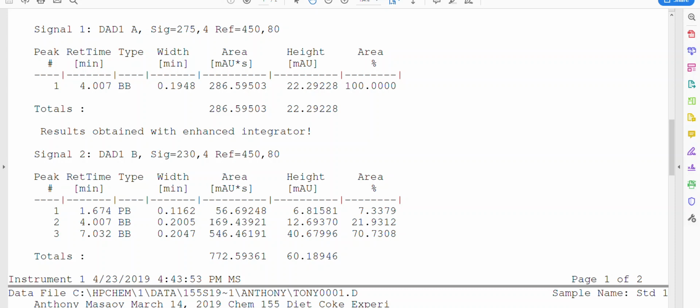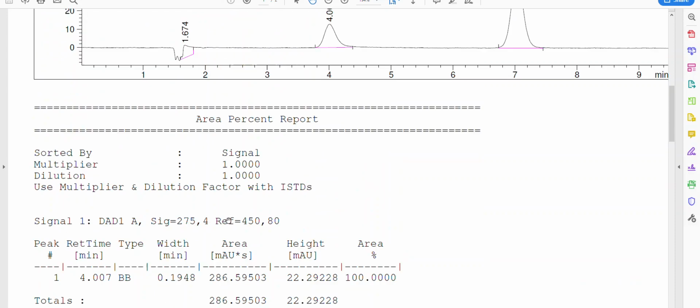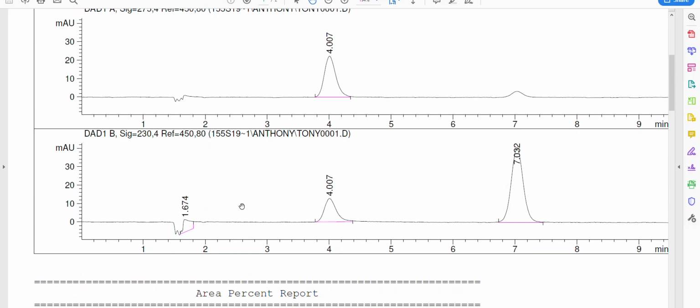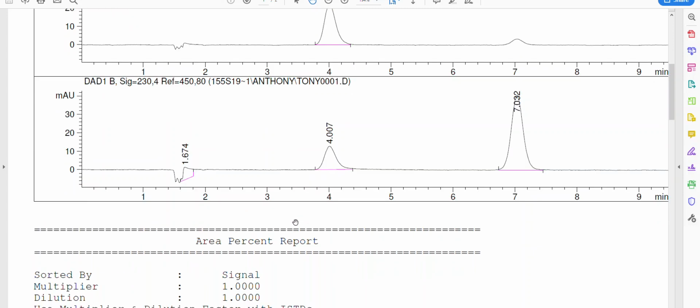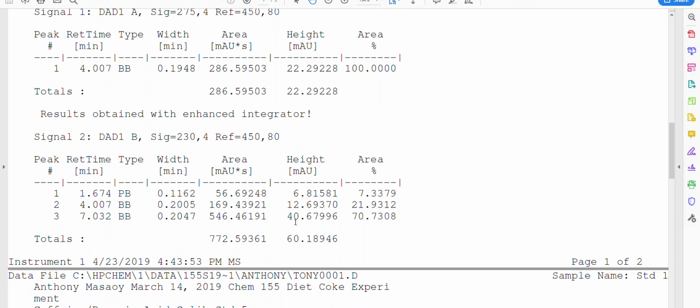So that signal is going to be 169.4 MAU seconds. MAU seconds is the integral of the peak that is in the chromatogram. So that is the area under this peak using this pink baseline there. The pink baseline was automatically determined.